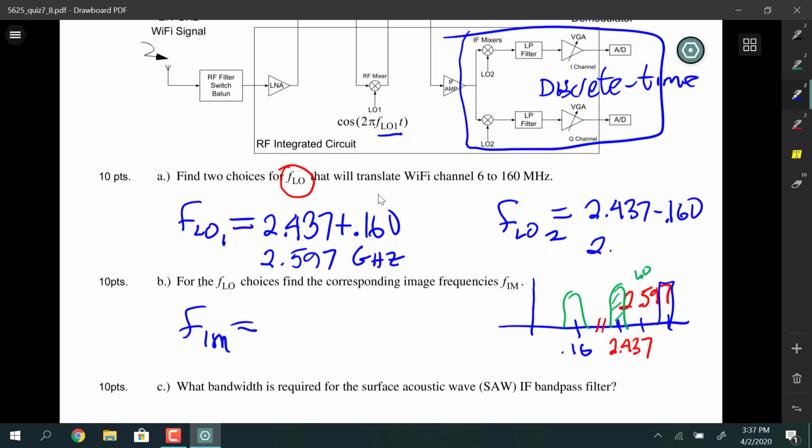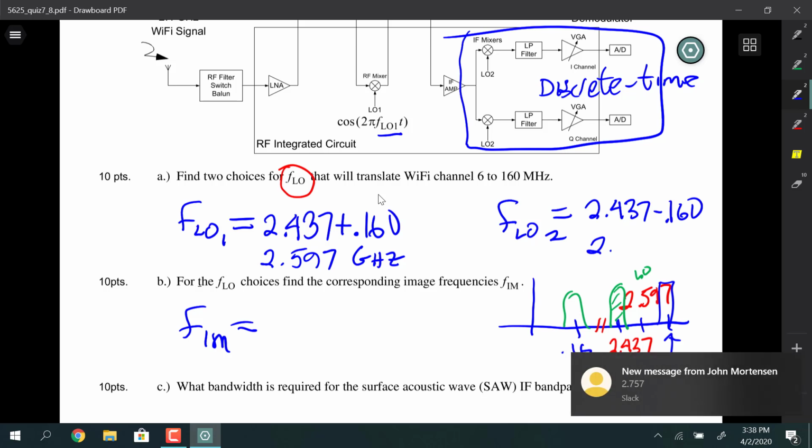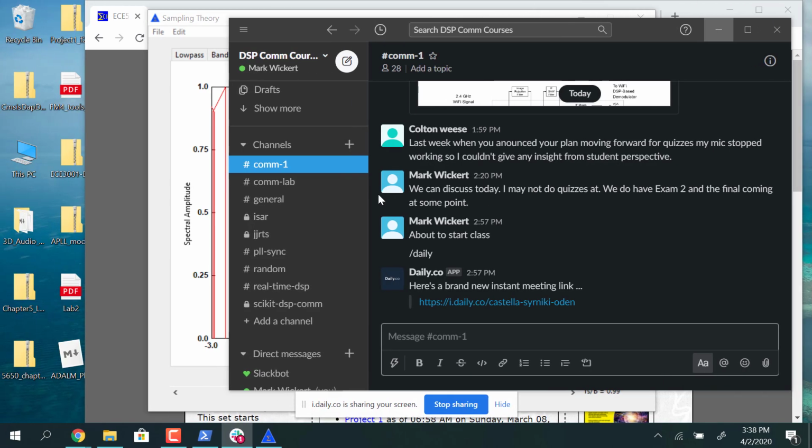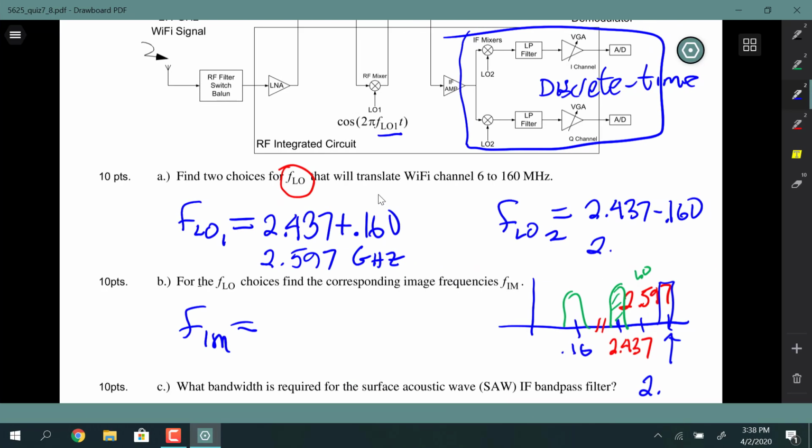So that's going to be another 0.16 onto 2.597. I'm just trying to add another point. I'm going to be adding 0.32. So 2.597 plus 0.32 is 2.757. Thank you, John.